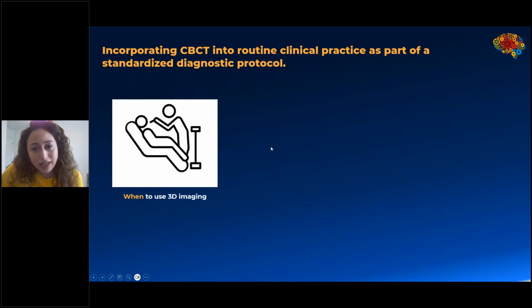You might take a scan and that would be enough. In order for us to do this, we have to recognize the different parts where cone beam can help us, so know when to use CBCT, or maybe when not to use 2D. So that's number one, recognizing when we should take a scan.